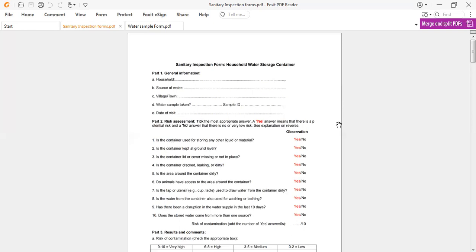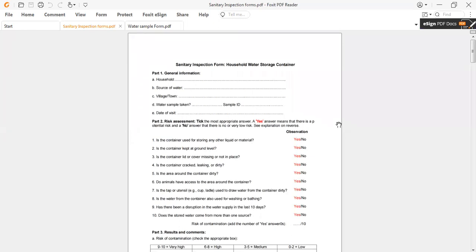The first part of this form gives you the general information, like the household, source of water, village, town, water sampling taken, date of visitation, and the sample ID.